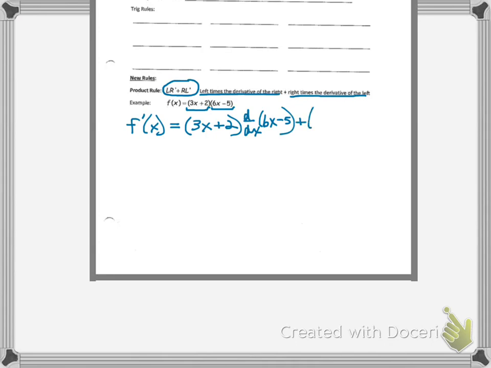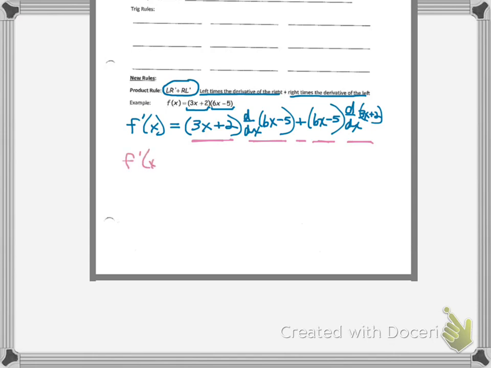So here's the right function, 6x minus 5, and then tell yourself to take the derivative of the left, 3x plus 2. So what have I done? I've done right d left plus left d right.